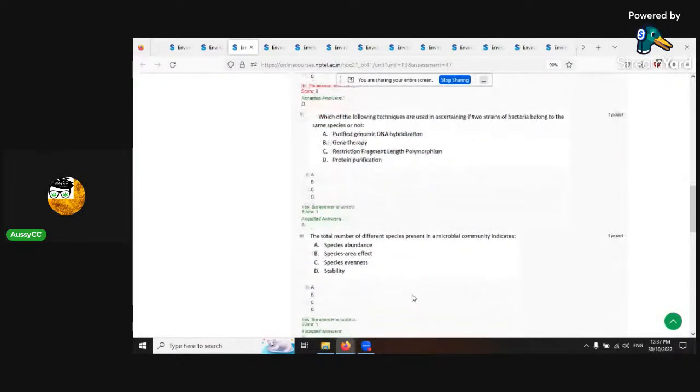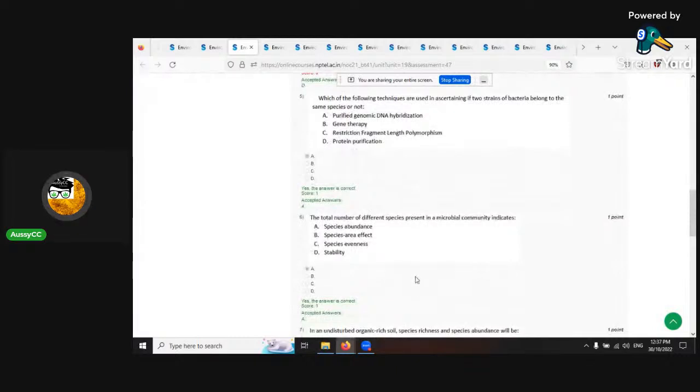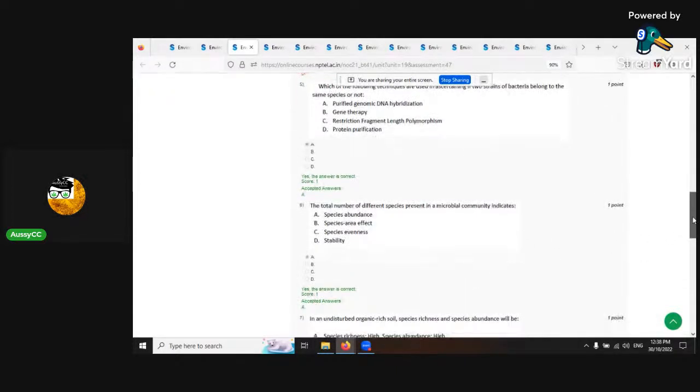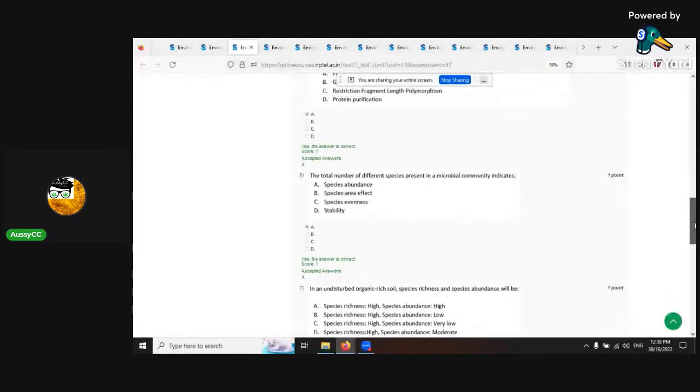A. In an undisturbed organic-rich soil, species richness and species abundance will be pretty good. Species richness will be high. Yeah, it's a given. Species abundance will be quite high too. I reckon it's moderate.